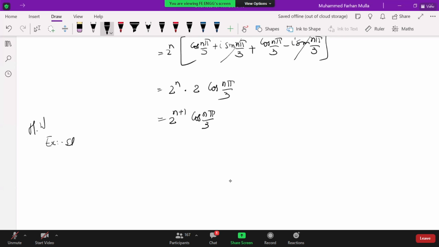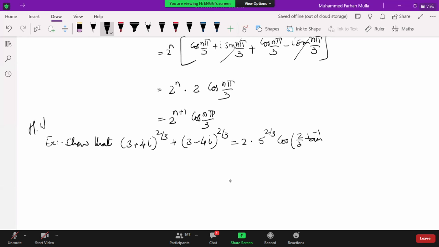Show that (3 + 4i)^(2/3) + (3 − 4i)^(2/3) is equal to 2 times 5 to the power of 2/3 cosine of (2/3) tan inverse of 4/3.